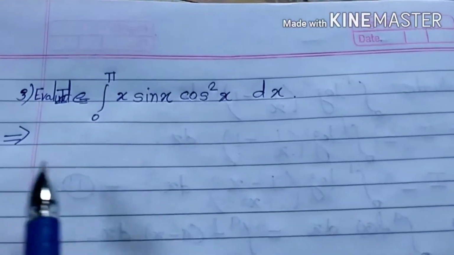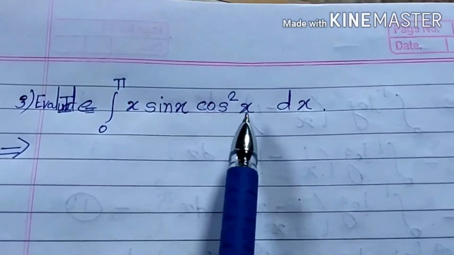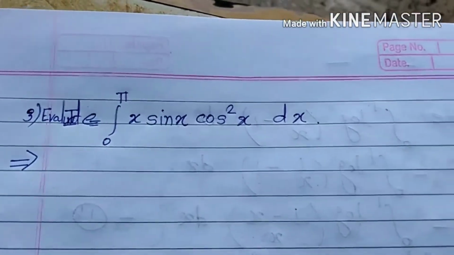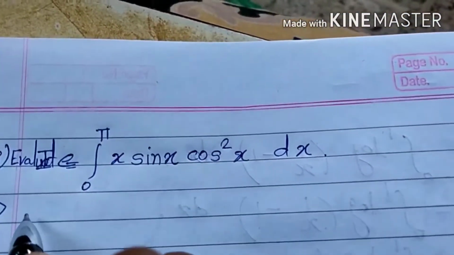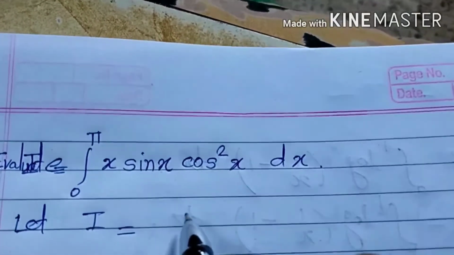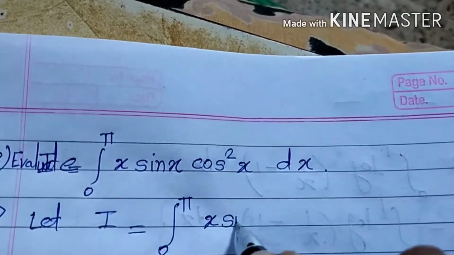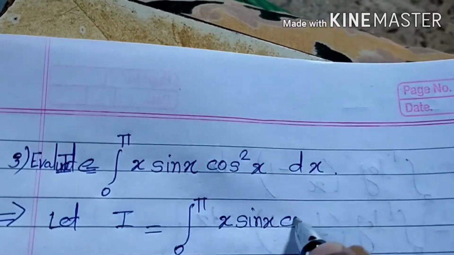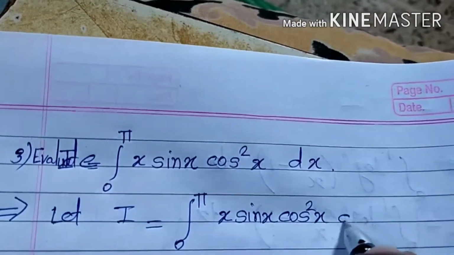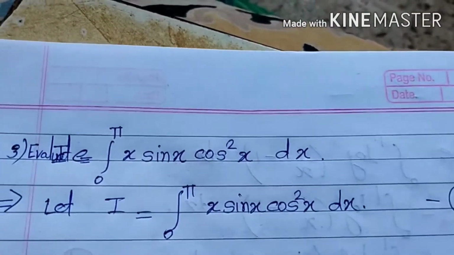Now next example, evaluate the integral from 0 to pi of x sin x into cos square x dx. So let I is equal to the integral from 0 to pi of x sin x cos square x dx. Give it equation first.